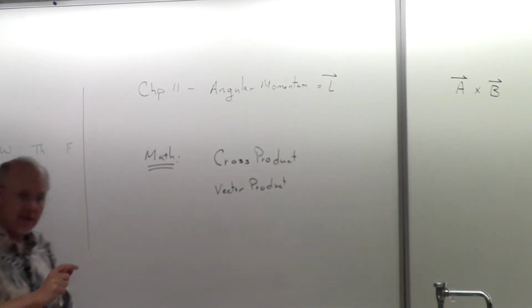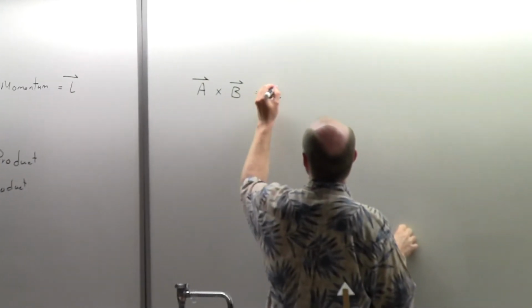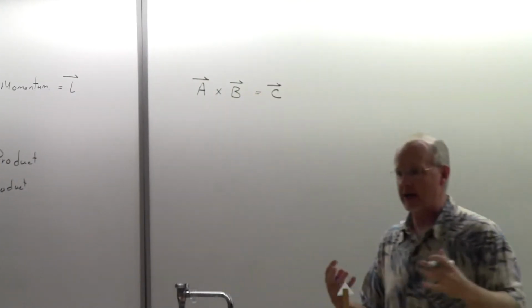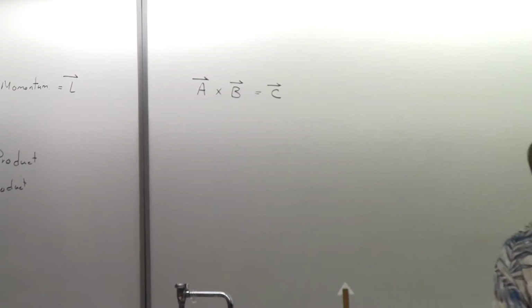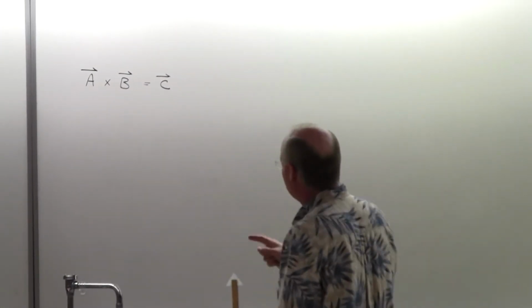The difference is that when you multiply these two vectors together, you don't get a scalar, you get another vector. That's one of two important differences between the dot product and the cross product, or the vector product. You will get a vector.